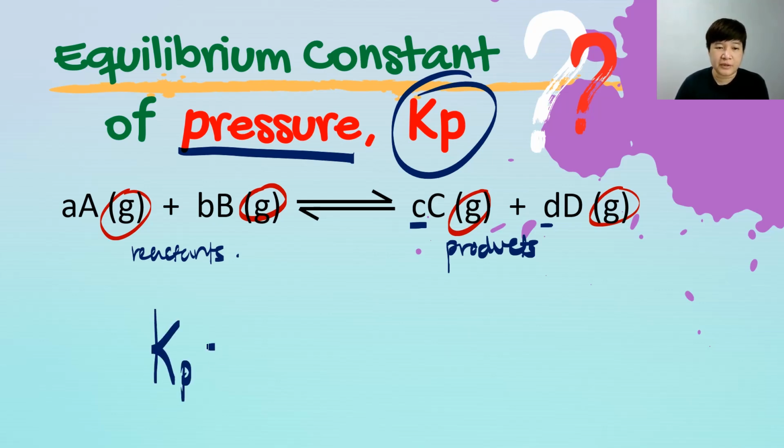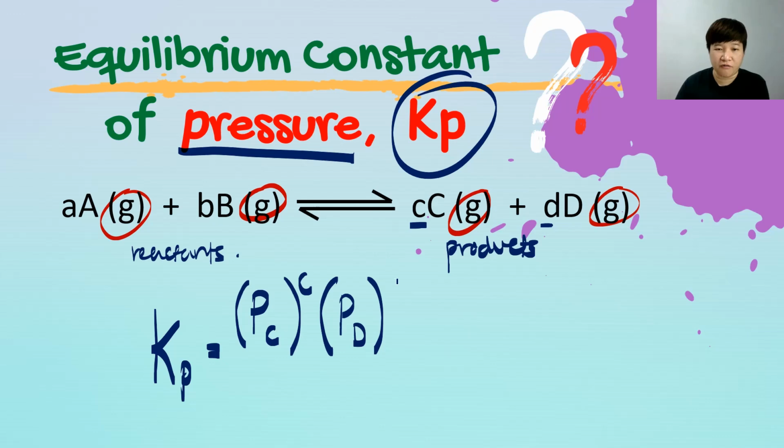Kp will be equal to, since it's about pressure, or we call partial pressure, we will write them in the form of partial pressure. Partial pressure of C to the power of c, partial pressure of D to the power of d.